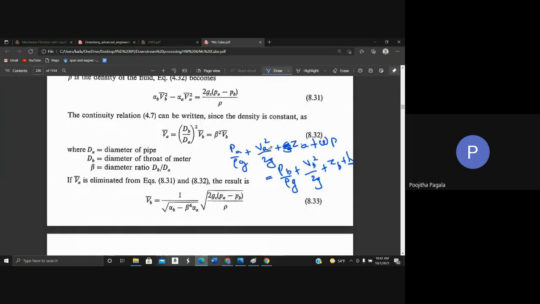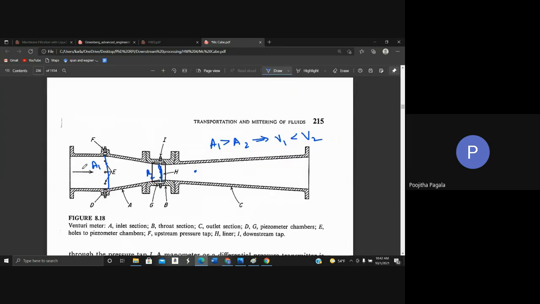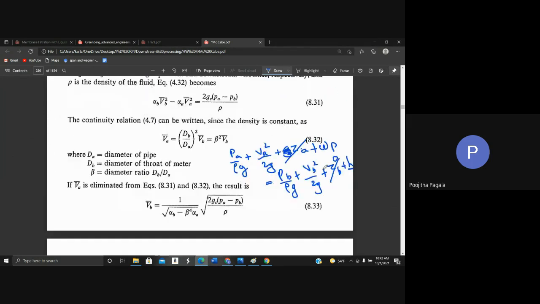Now, once you write the Bernoulli equation, the z, that is the elevation terms, will become 0 because the tube is horizontal. So whatever is the height h here, even here you're going to be at the same height h. So you need not consider that. And we don't have a pump in between, so that will become 0.